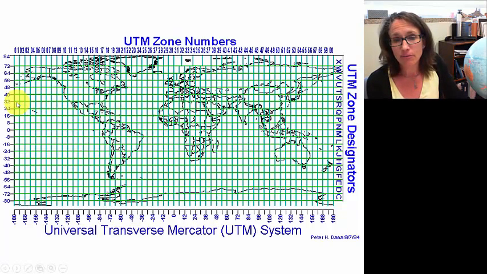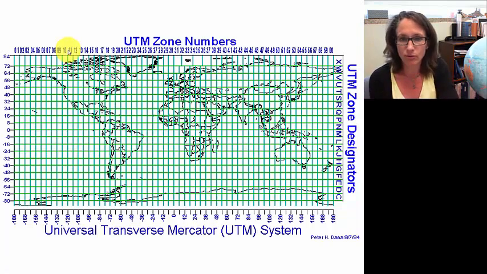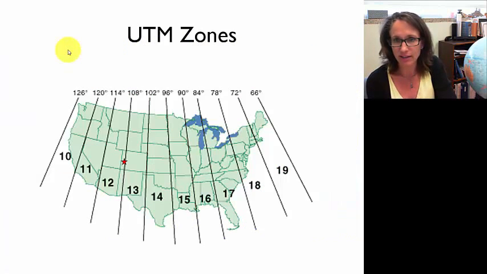But we are in zone 12 north, UTM zone 12 north, and we happen to fall in this S category, which I think is really goofy that they left N and S in there, but they took out I and they took out O. So I don't know, I don't understand that. But really all you need to say is give the northing and easting, UTM zone 12 north, and that should take care of it.